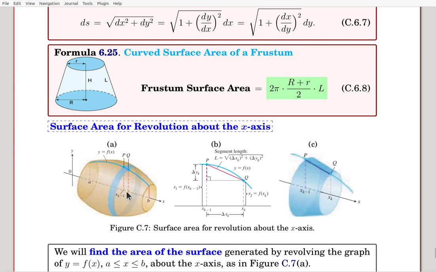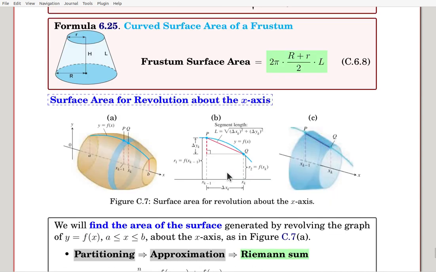After partitioning, we may try to consider a straight line for each portion, and then that is revolved, so that rather than the local real surface, we consider the curved surface of a frustum. The area of this frustum surface can be a good approximation of the real surface area.